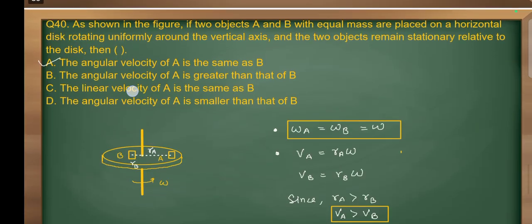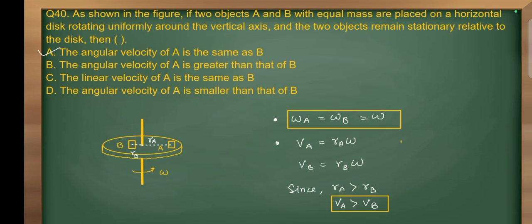Question number 40. As shown in the figure, two objects A and B with equal mass are placed on a horizontal disk rotating uniformly around the vertical axis, and the two objects remain stationary relative to the disk. Then the angular velocity at A is equal to the angular velocity at B. Since the disk is moving with the same angular velocity omega, the angular velocity at point A will be the same as at point B. And for linear velocity, we know v is equal to r times omega.